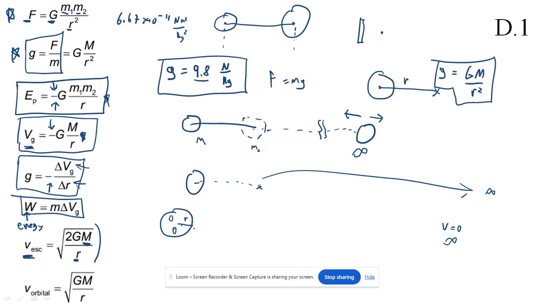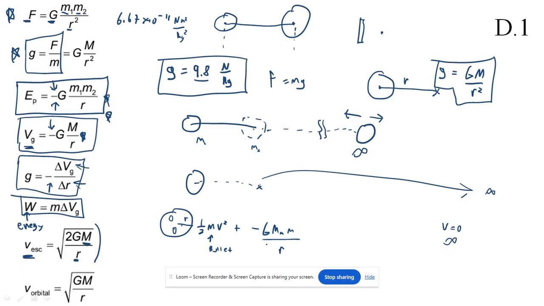It's the minimum speed you can shoot something. It doesn't matter what direction you shoot it, as long as you don't shoot it into the moon, to get it so that when it's infinitely far away, it stops moving. And so here you've got an energy of 1/2 mv squared, where m is the bullet's mass, plus this energy here: minus G mass of the moon, mass of the bullet, over r.